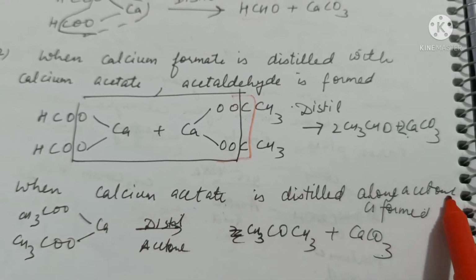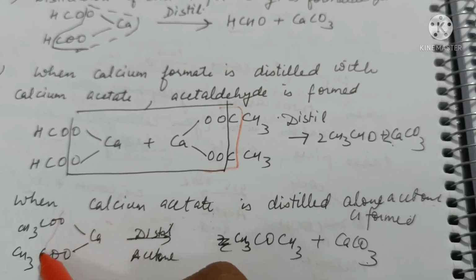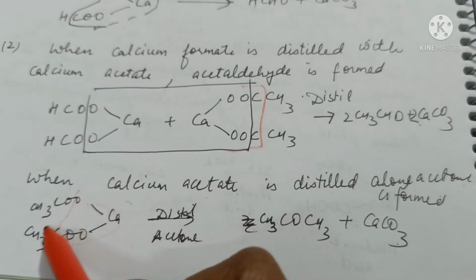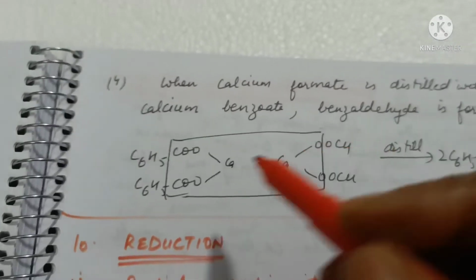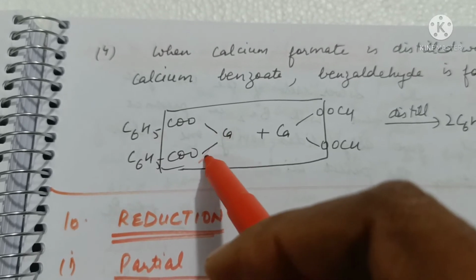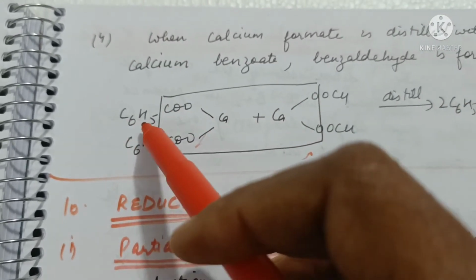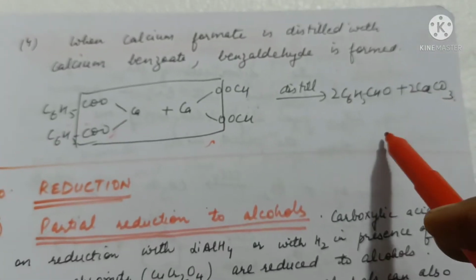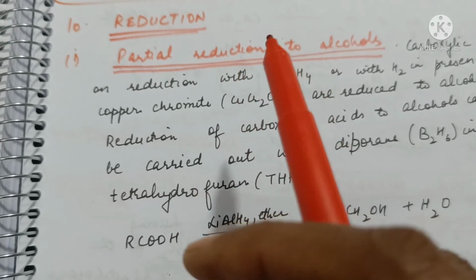When calcium acetate is distilled, then calcium carbonate will be formed and CH3COCH3, acetone, will be formed. And when calcium formate is distilled with calcium benzoate, again calcium carbonate is removed and C6H5CHO, benzaldehyde, is formed.